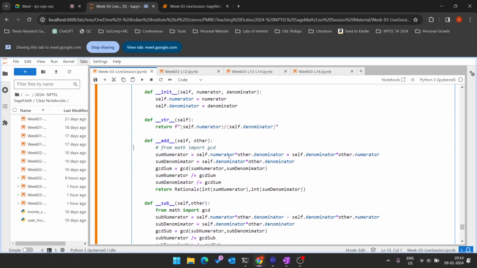We are adding two fractions of the form a by b plus c by d, which is nothing but a into d plus b into c, divided by b into d. So this is what my sum numerator and sum denominator look like. Next, we calculate the GCD of the numerator and denominator so as to reduce them to the smallest fraction possible.